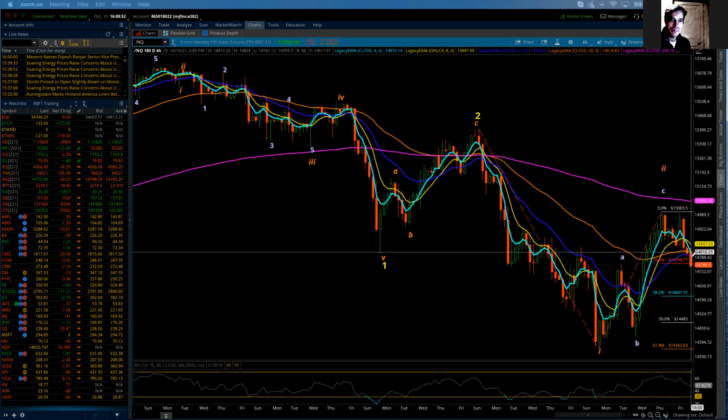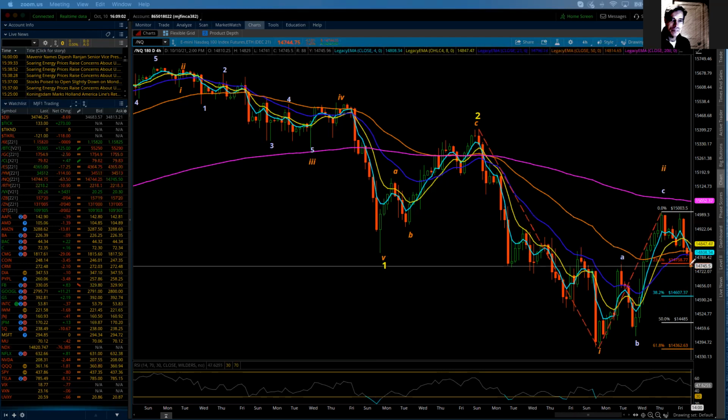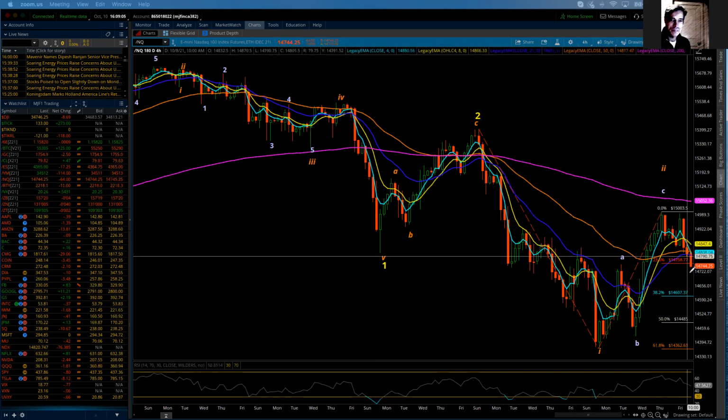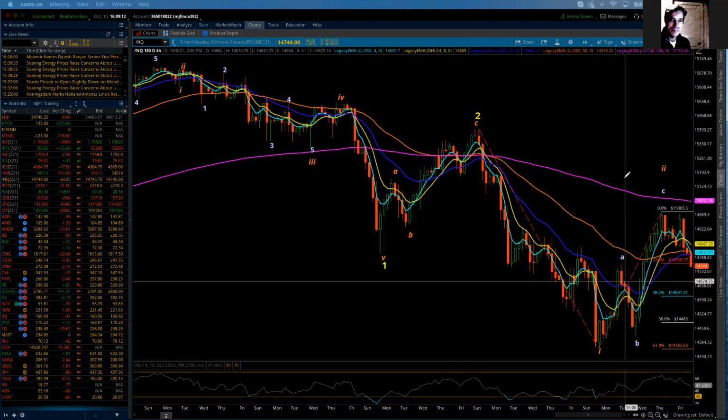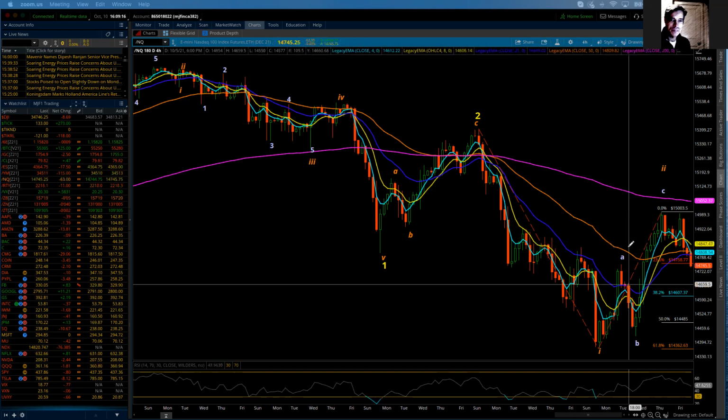Now, today, the market initially tried to get back above the 50 and failed. It is now back below and broken below the 20 and heading lower, putting in at least new session lows right now, as I make this update, at 14,744.